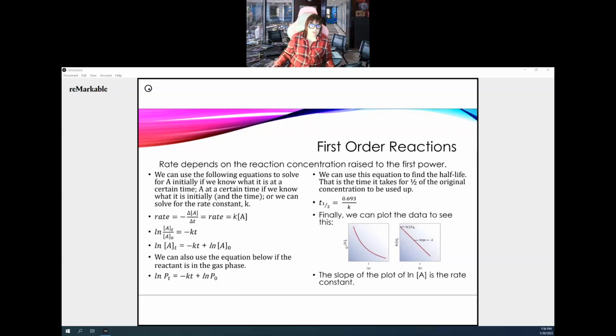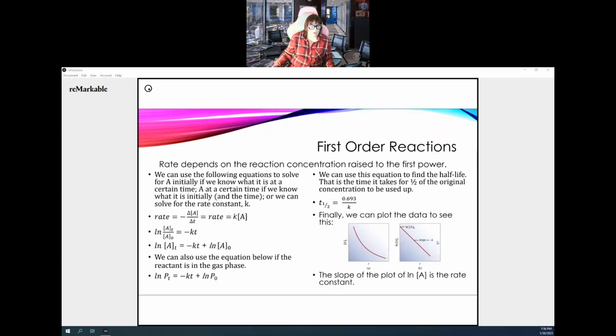If we plot concentration versus time, that's not a straight line, but the natural log of concentration versus time is. This intercepts the y-axis at the natural log of the initial concentration, A0, and the slope is negative k. So we can find that k by looking at one of these plots.